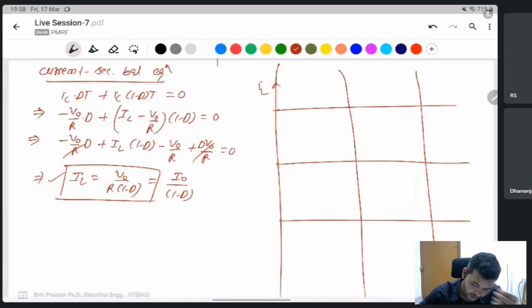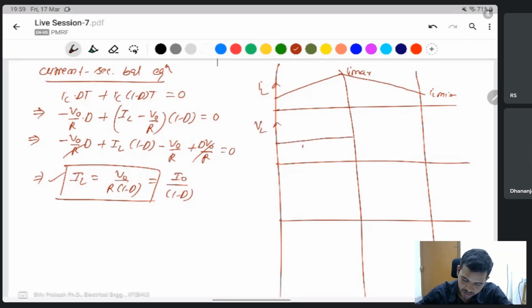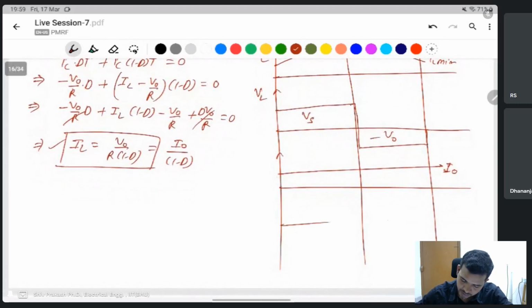To take the inductor current like this type, I maximum, this one IL minimum, the voltage appears on this. When the switch is on, total Vs appears. When the switch is off, then minus V naught appears. If you take I naught as constant, I assume in this converter, about an ideal converter, then you find the capacitor current.